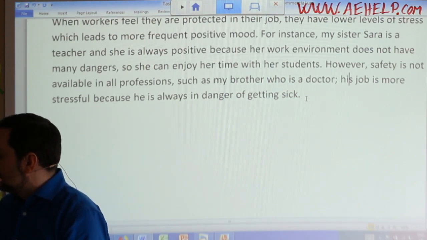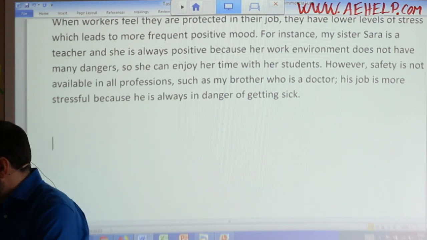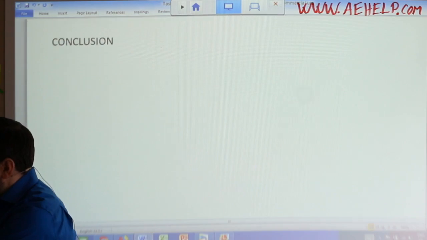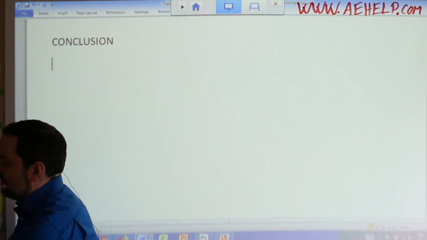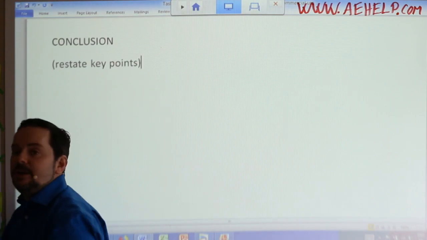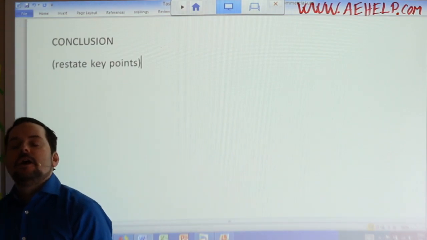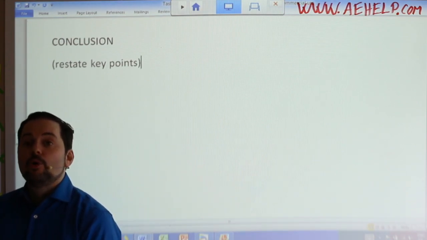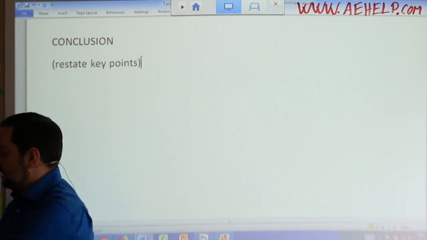Now the conclusion. So last paragraph, conclusion. And for the conclusion, the first part is restating the main points. So restate key points. Here our key points were that money and safety are important for job satisfaction, so you want to restate that.